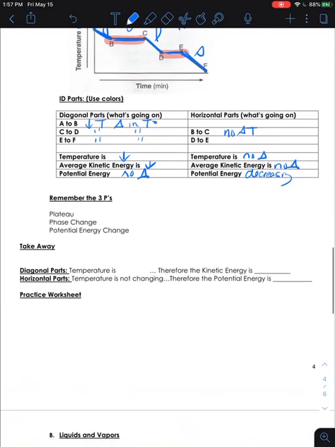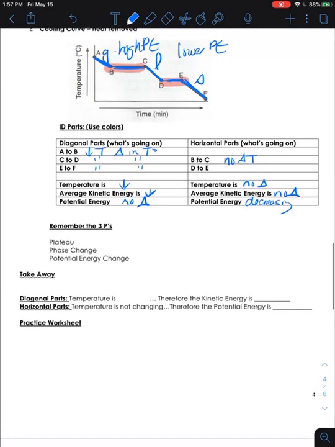So in summary, let's take a look at our 3Ps. 3Ps can stand for plateau, phase change, which means potential energy change. So the 3Ps, plateaus, represent phase change, which shows potential energy changes. So this is a key takeaway. And another key takeaway are what those parts on the graph mean.